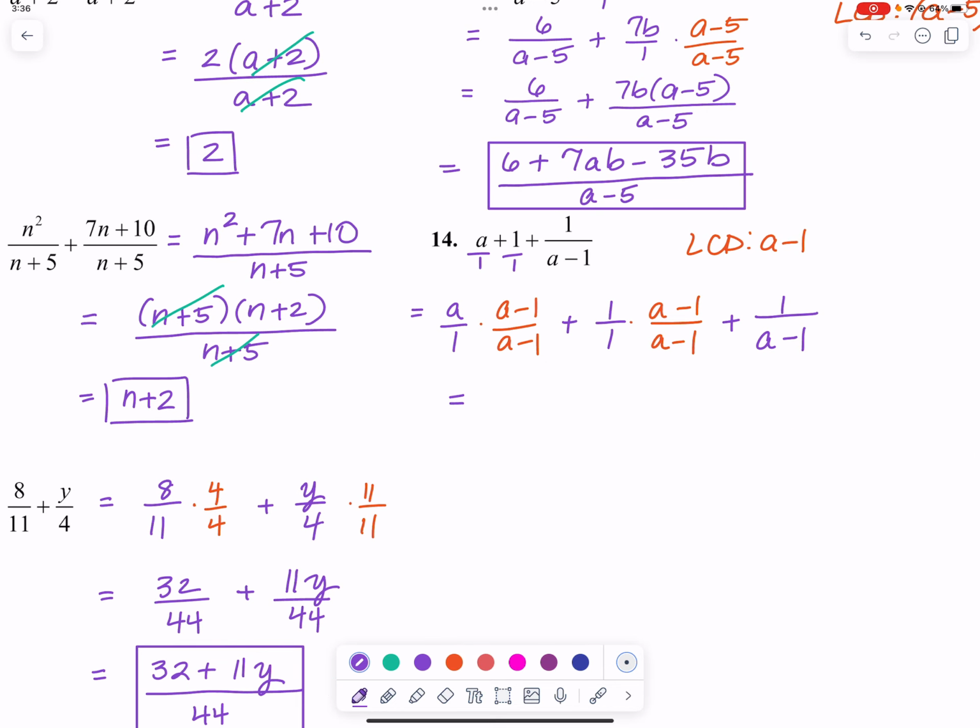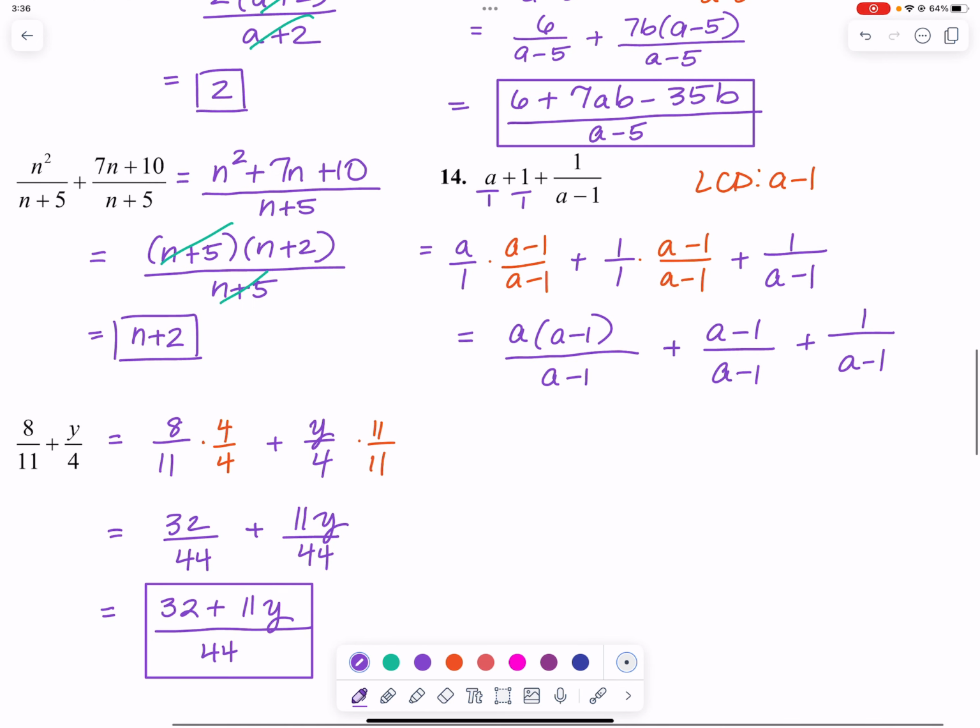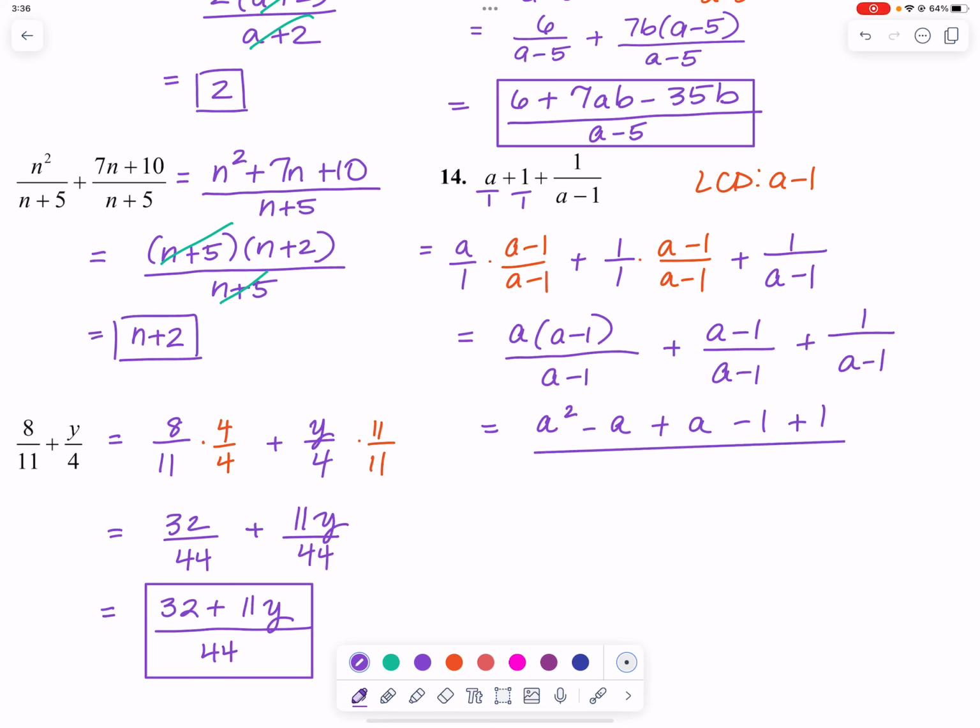So as you can see, we have a times a minus 1 all over a minus 1 plus a minus 1 over a minus 1 plus 1 over a minus 1. So we have a squared minus a plus a minus 1 plus 1 all over a minus 1.